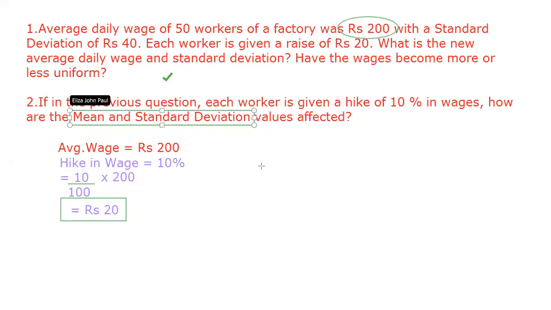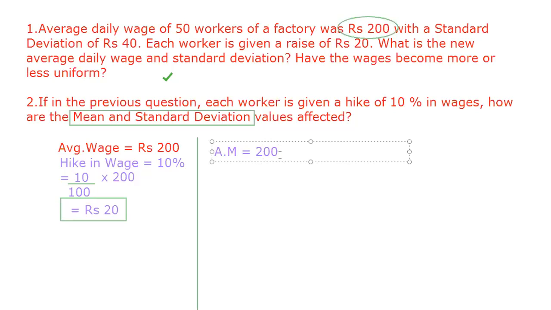So this is the question. We all know very well, what is our mean? Let us do it with the arithmetic mean. The arithmetic mean is 200, right? It is there in our question.